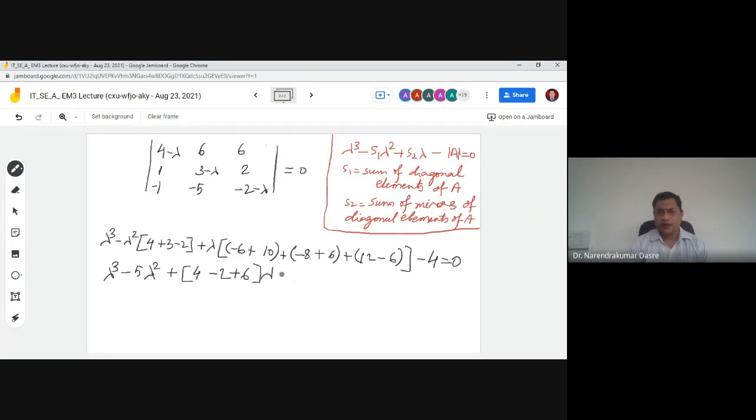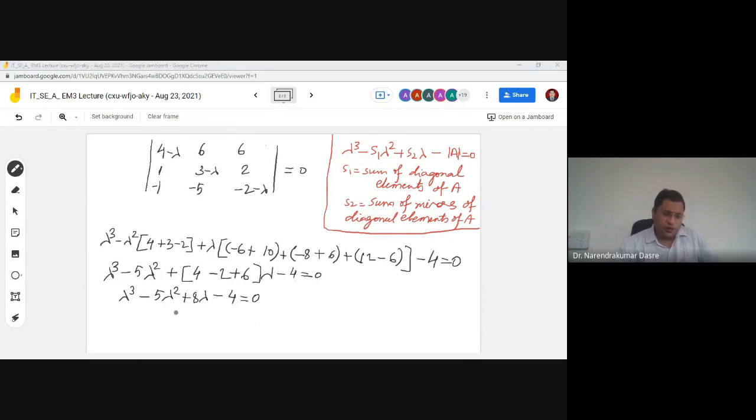Now we have lambda, and then minus 4 is equal to 0. So we got the equation lambda cube minus 5 lambda square plus 8 lambda minus 4 is equal to 0. So this is the equation that we got. And now I want you to use the calculator and find out what the factors are.